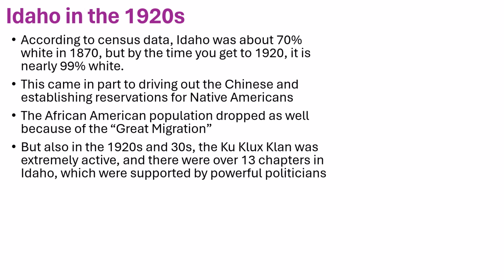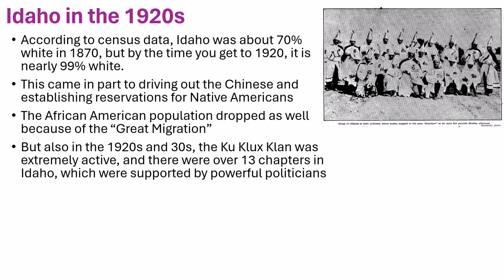There were over 13 chapters in Idaho. Now, a chapter is basically like a large group that could cover a number of cities. Idaho is pretty rural, so this is a very pervasive problem in this state. And moreover, they were supported by powerful politicians.